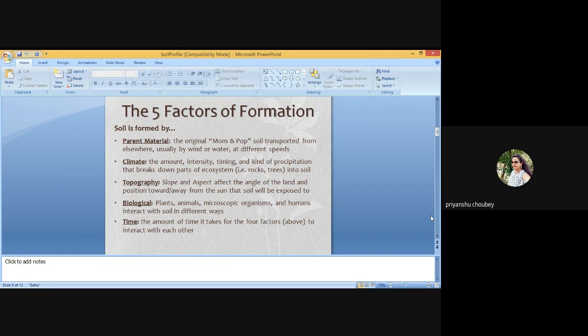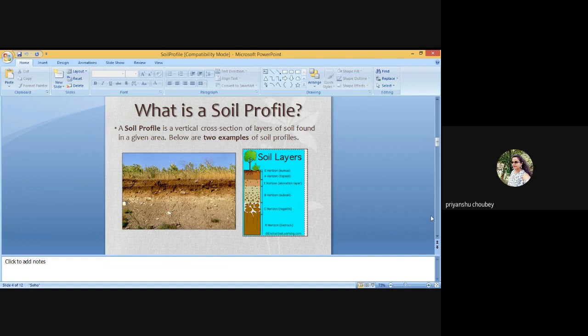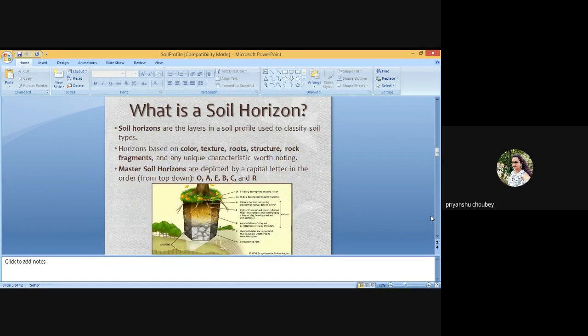C horizon or layer. The C horizon ideally represents the parent material from which the soil above formed.